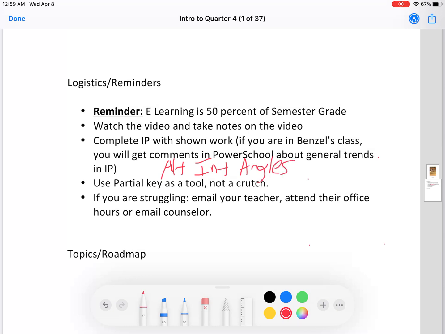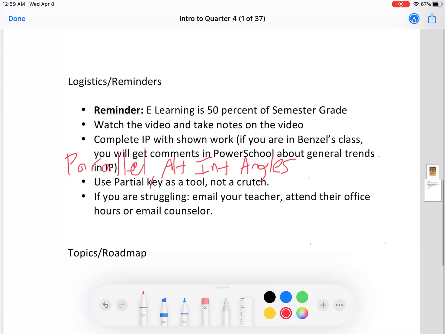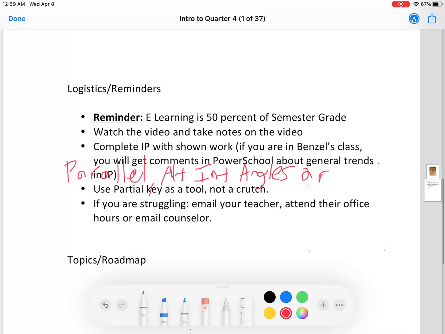Yes, it's good that you named an angle pair, but you didn't describe it, and you didn't talk about why we are looking at alternate interior angles. So you could answer that the lines are parallel as the alternate interior angles are congruent. So this is what I mean by having complete explanations.